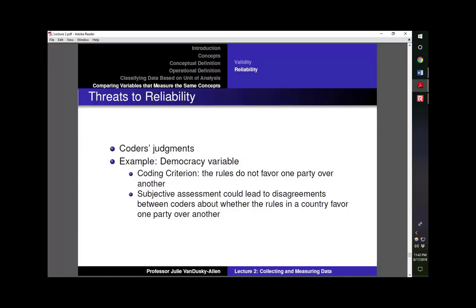As such, two coders might disagree over whether a country's electoral rules favor one party over the other. If that is the case, one coder may code a country as a democracy and the other might code it as a non-democracy. One coder would clearly be correct, the other would not be. As a result, the democracy variable would be an unreliable measure of democracy because sometimes it measures democracies and non-democracies correctly and sometimes it does not.